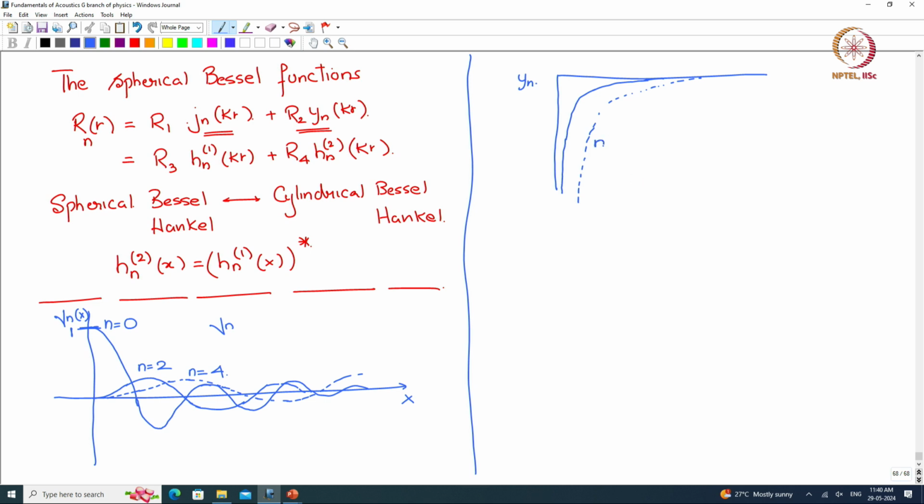This is n equal to 2, this is n equal to 0, similarly n equal to 4. So all of them come from minus infinity at x equal to 0.